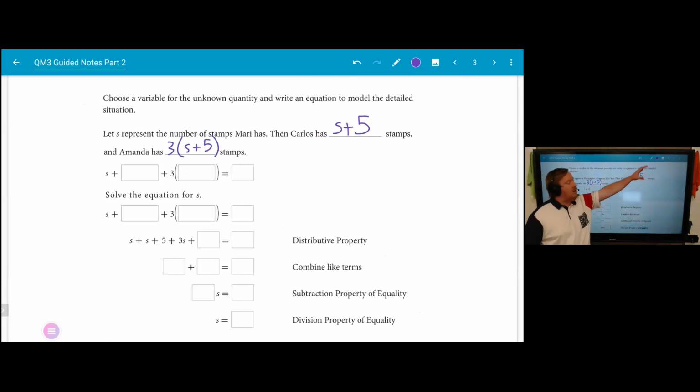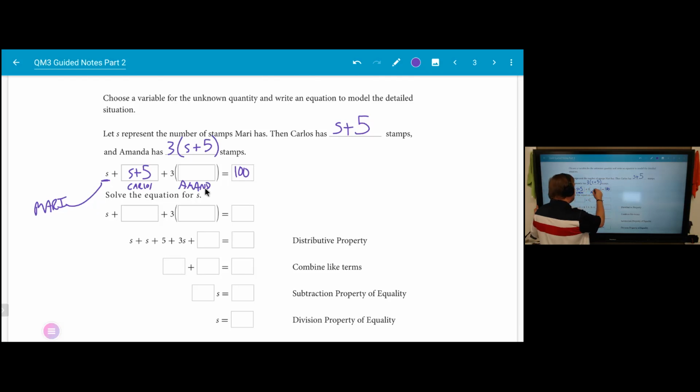And if I add all of these things up, I should get 100. So if I add Mari's stamps, S, plus Carlos's stamps, S plus 5, and then Amanda's, 3 times (S plus 5), if I add all those together, I would get 100. In other words, we've got to do some distribution, some simplifying, and then solving. Let's rewrite this over here.